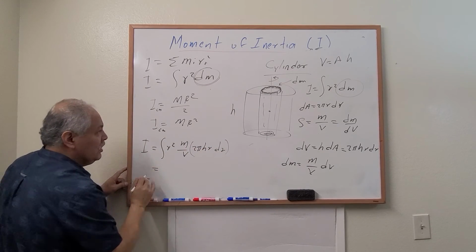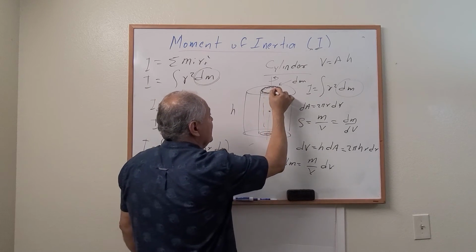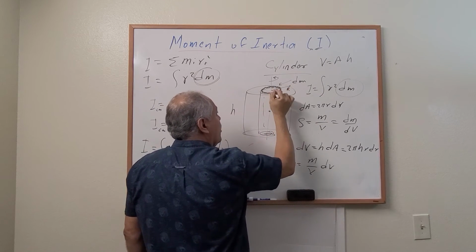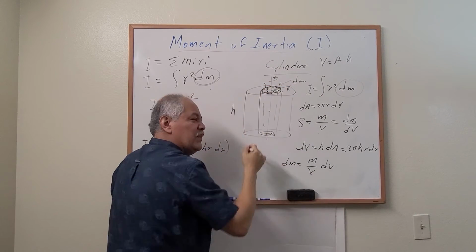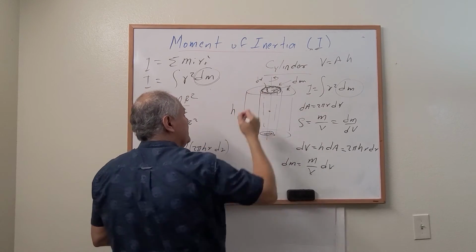And what should be the limit for r? This is again r, one more time. This is my big R, this is little r, and this is the element. We did the same thing as for the disk, so my dr is the same.